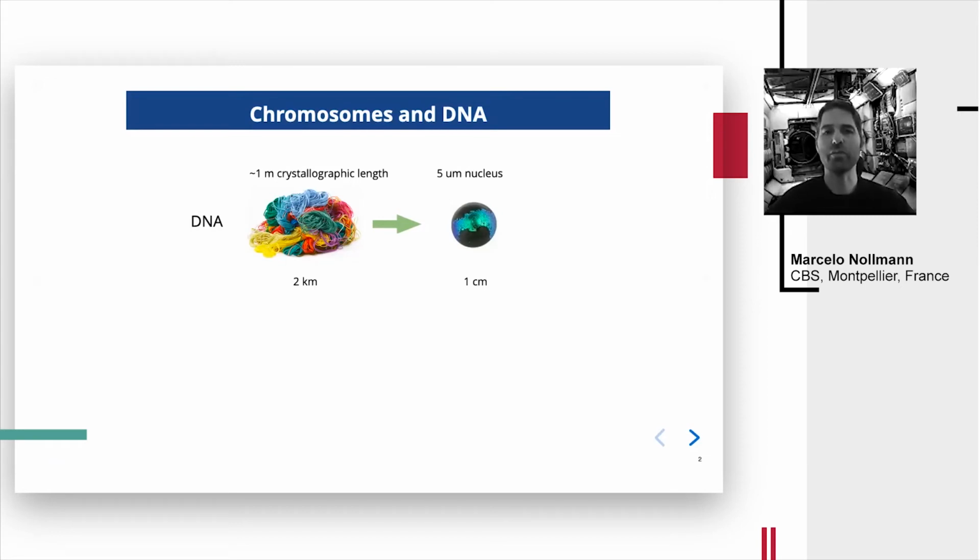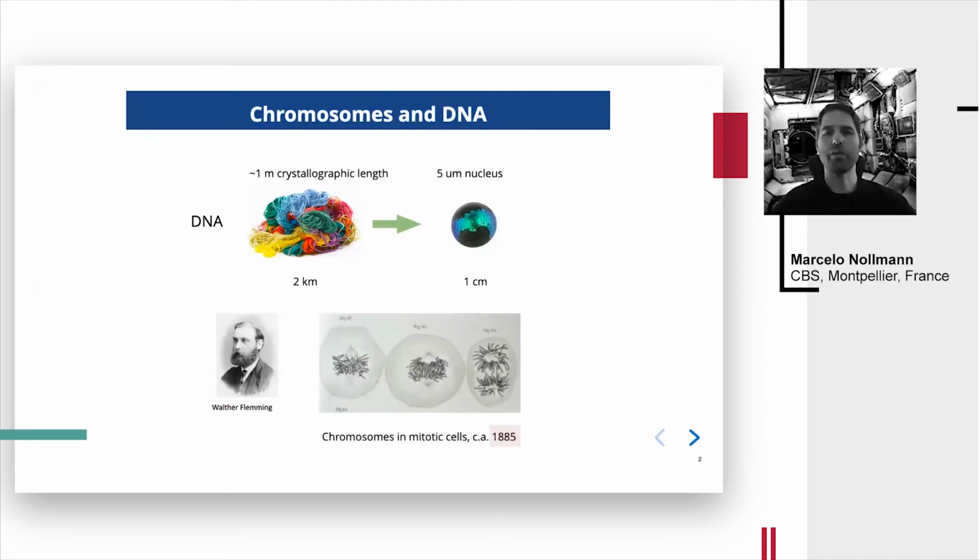We have known for a very long time that despite this very large degree of compaction, chromosomes can be highly organized. This was observed probably for the first time by Walter Flemming in the 1880s, who made seminal, beautiful drawings of mitotic chromosomes.